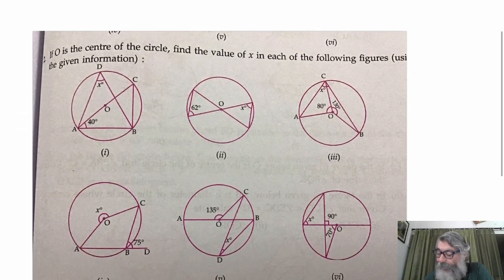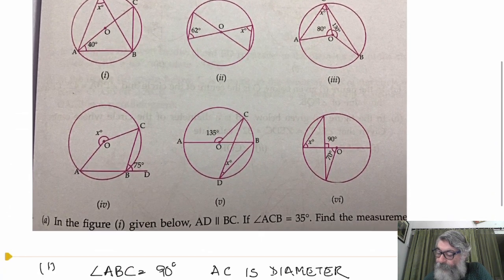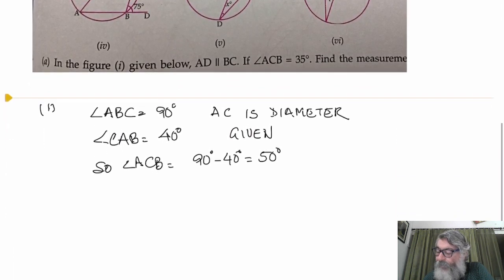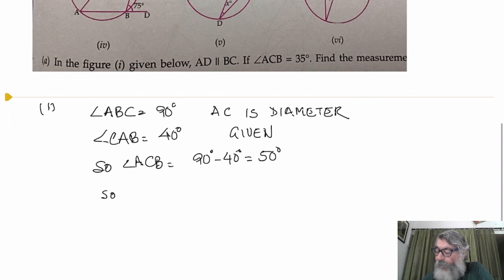So angle ADB will be equal to angle ACB, which is equal to x, because ADB is given as x, which is equal to 50 degree. Why?